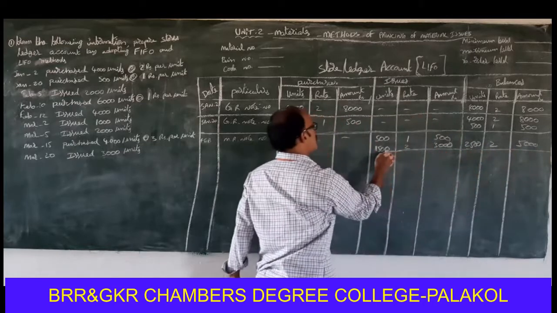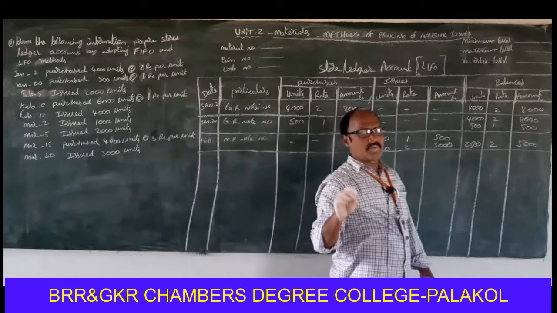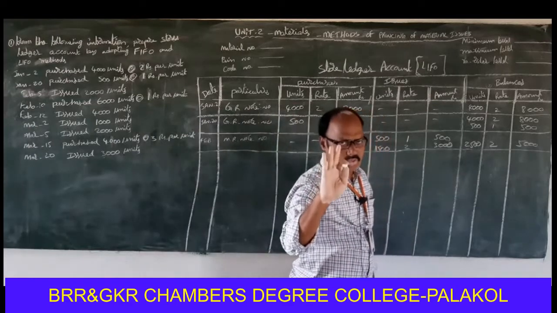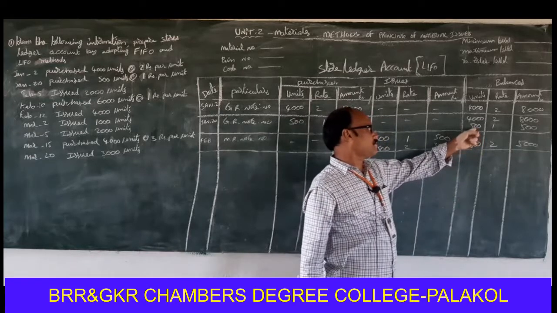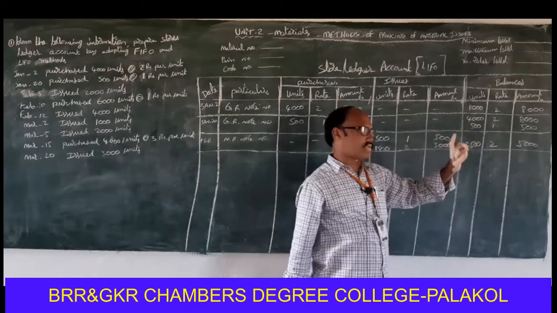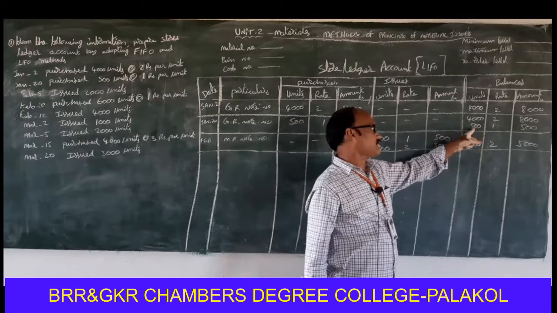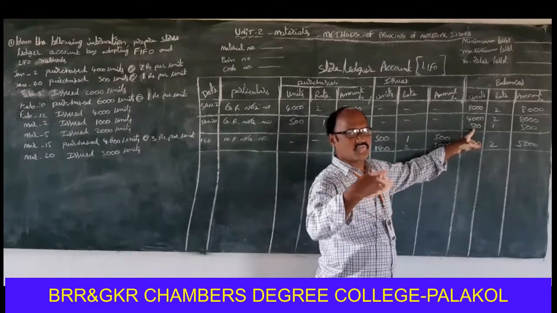This is last in, first out. Once again, number of units wanted to issue is 2,000 units, released from this one first. The 500 units were received last, that's why it is last in, first out.